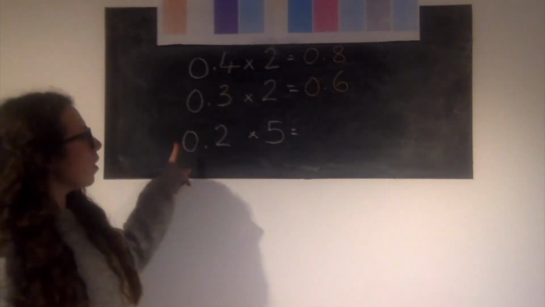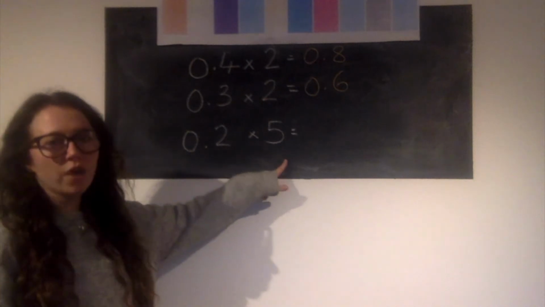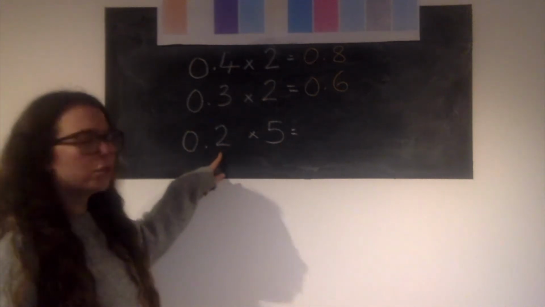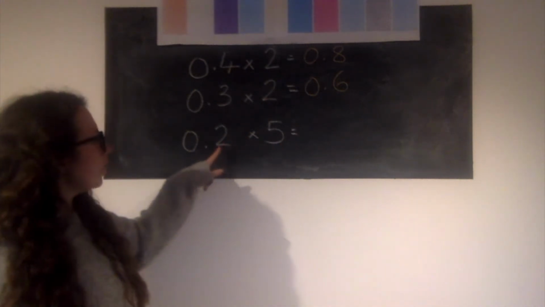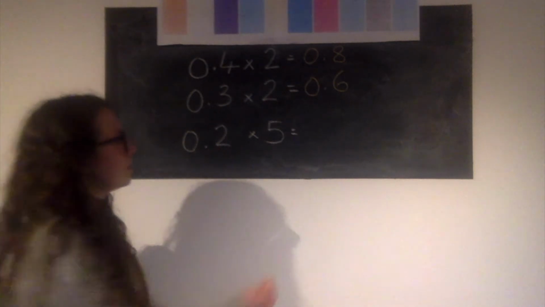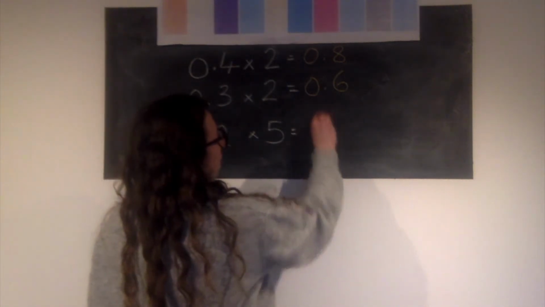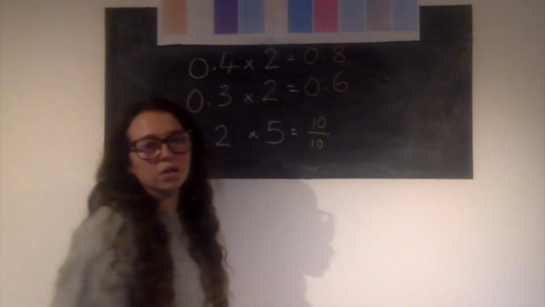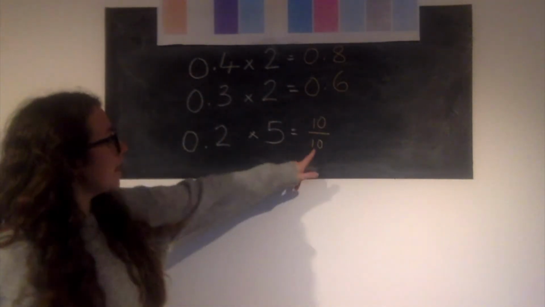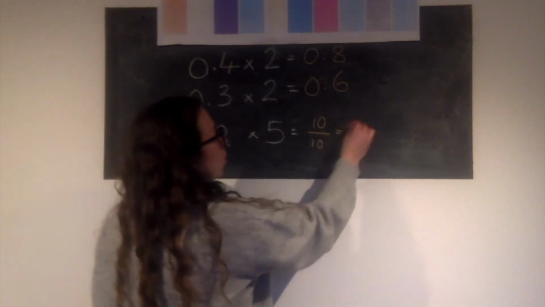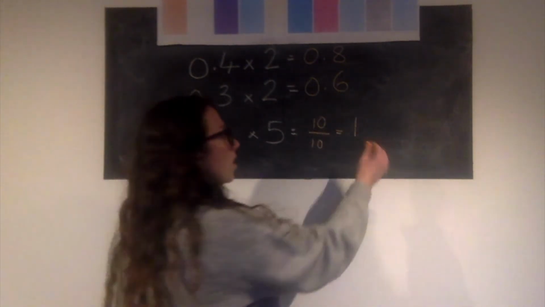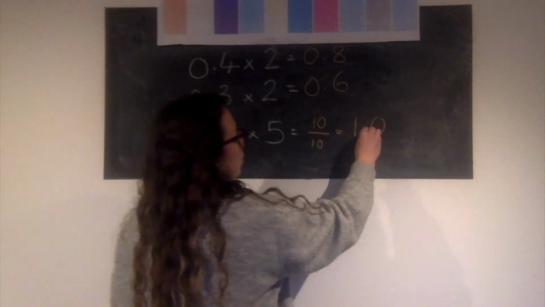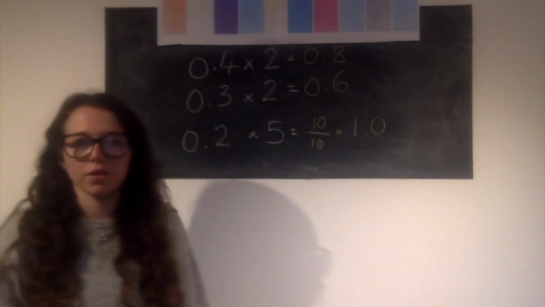And then the third one, 0.2 times 5, so 5 lots of 2 tenths is 10 tenths. I can't fit 10 in my tenths column, so hopefully you recognise that 10 tenths is equal to 1 whole, or 1.0. It's exactly the same, okay? 1 whole. Well done if you got those.